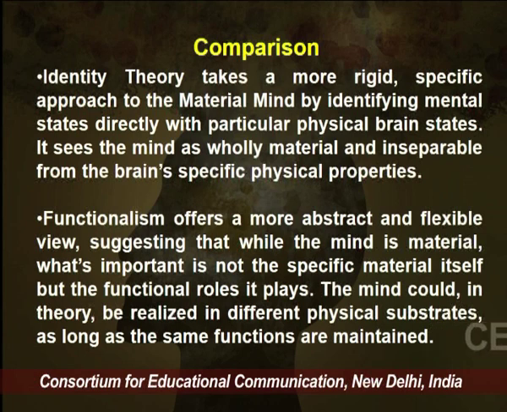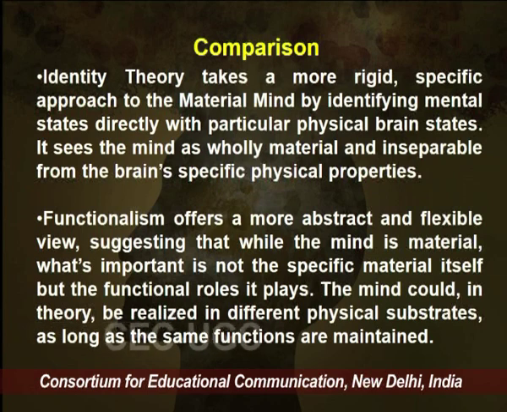So the comparison of the identity theory takes a more rigid, specific approach to the material mind by identifying mental states directly with particular physical brain states. It sees the mind as wholly material and inseparable from the brain's specific physical properties.